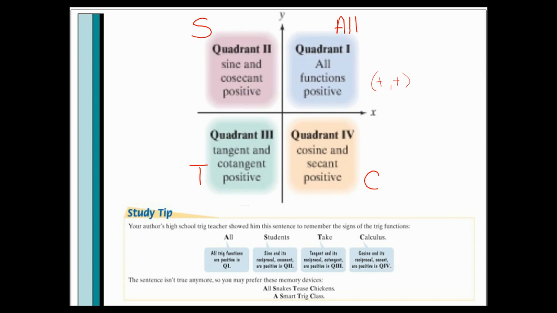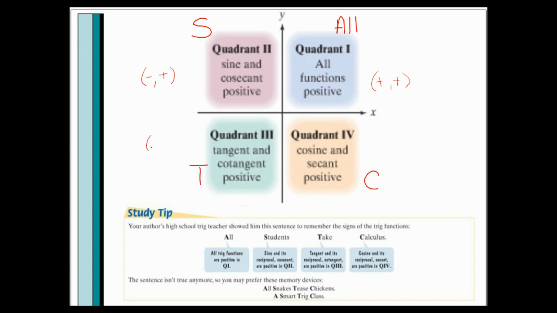But that starts to change when we go into other quadrants. In quadrant 2, our x is negative and our y is positive. Sine and cosecant have ratios with y and our hypotenuse, which is always positive. So when y is positive, sine and cosecant are positive in our second quadrant.